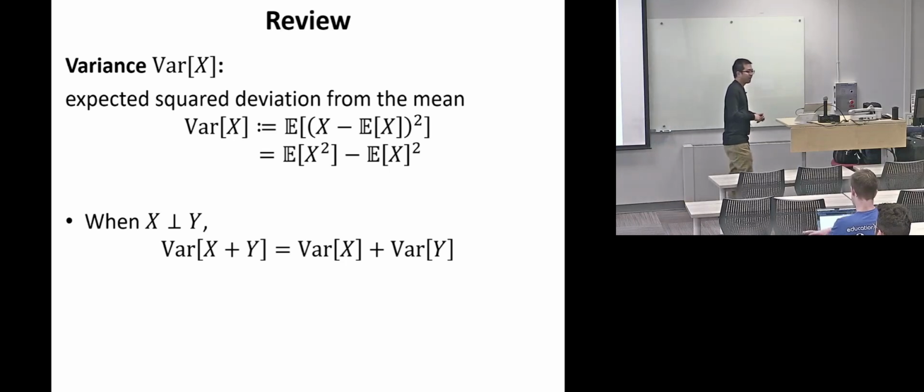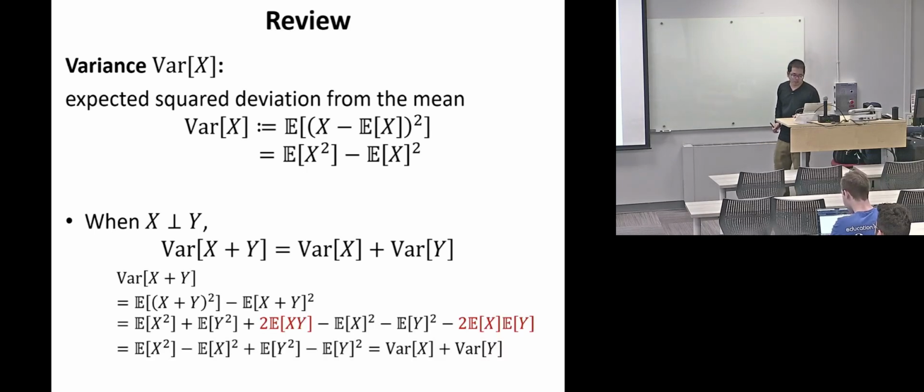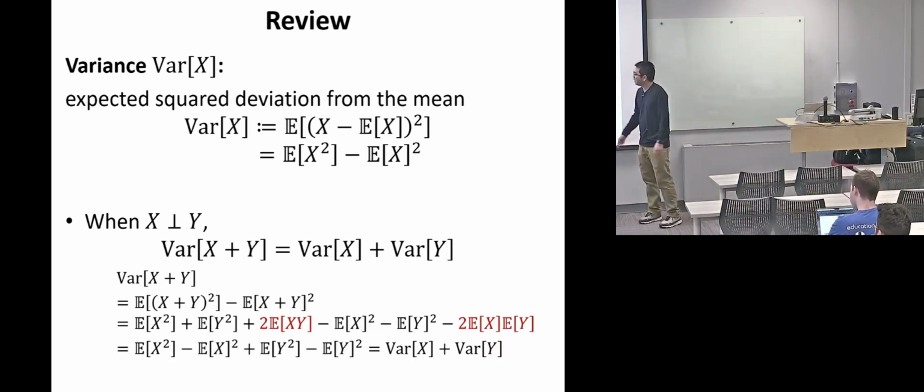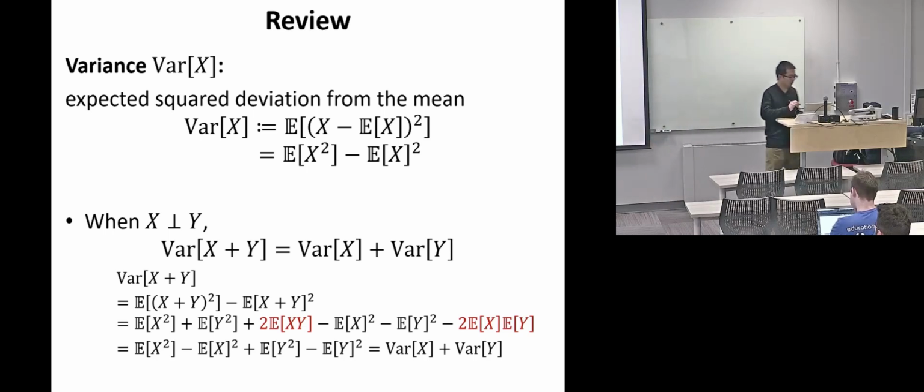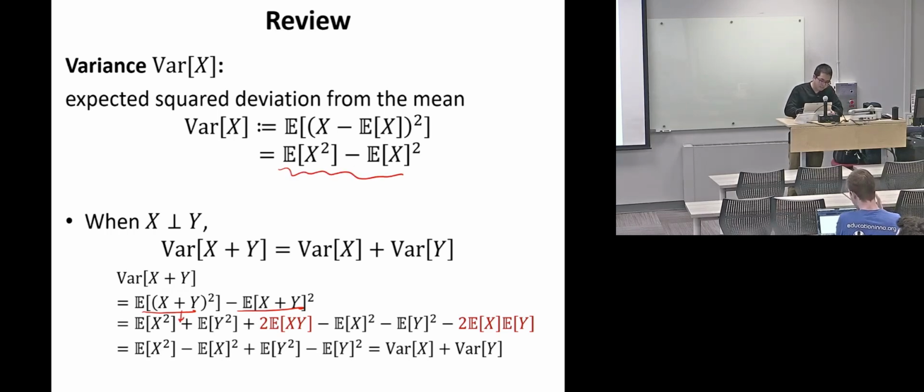Okay. And how to prove this? Well, just expand the definition. The variance of x plus y is just this minus this thing. Follow from here and expand the terms. This part gives you here, and this part gives you here, and then this thing is going to cancel out.